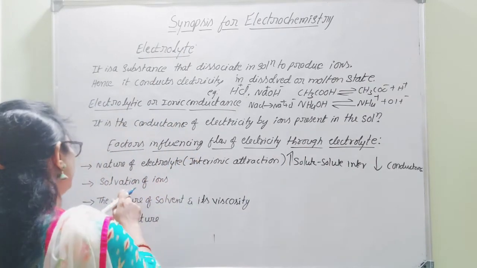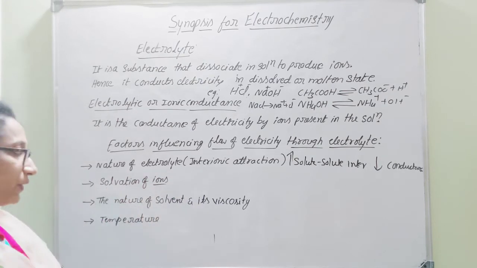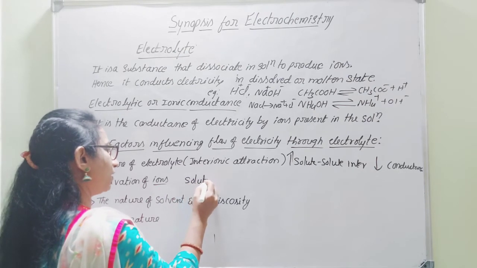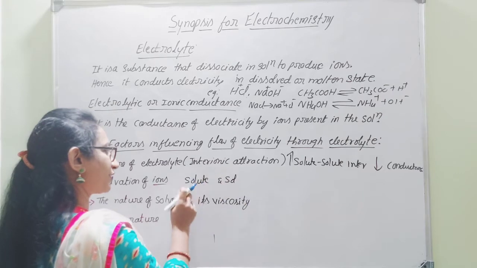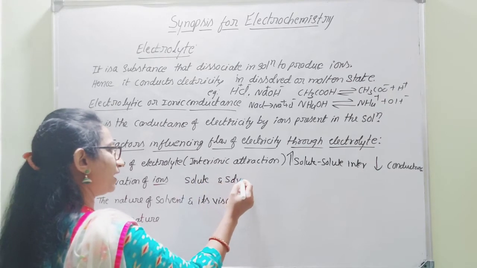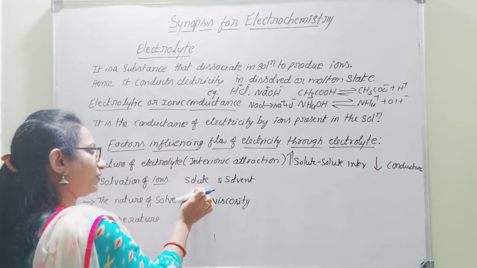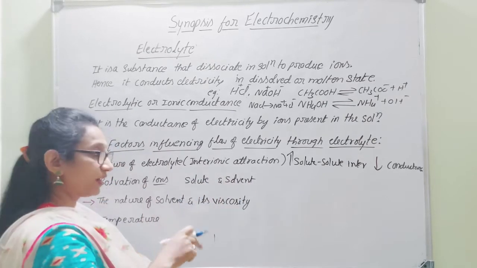Then, consider solvation of ions, that is the interaction between solute and solvent. For example, interaction between NaCl and the solvent, that is water. If solute molecules have more interaction with the solvent, there is more chance for solvation.